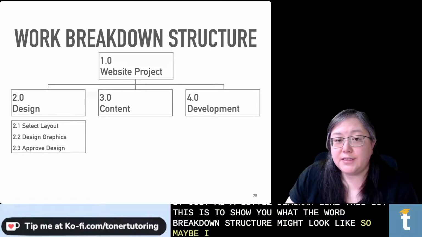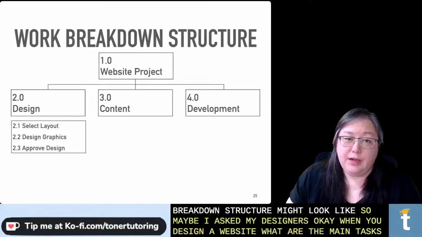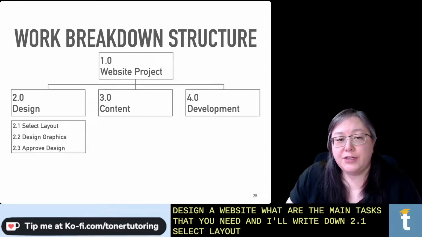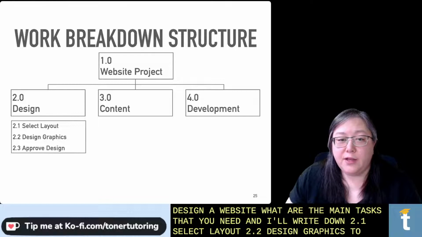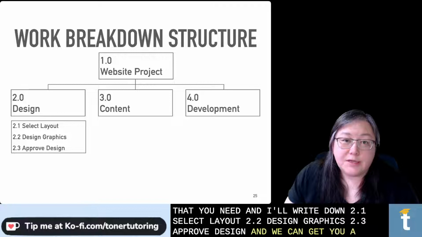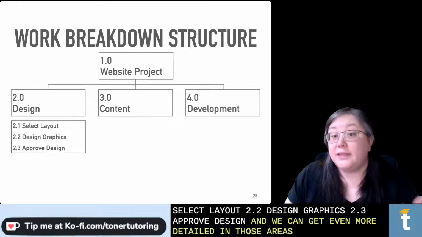So maybe I ask my designers, okay, when you design a website, what are the main tasks that you need? And I'll write down 2.1, select layout, 2.2, design graphics, 2.3, approve design. And we can get even more detailed in those areas as needed.